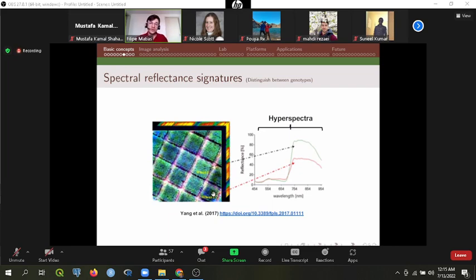So when we try to correlate this information with a disease in the field, or maturity or senescence, we can easily compare the data that we collect in the field with the vegetation index or any other UAV trait that we calculate, and try to make meaning of it, and use this information for classification.